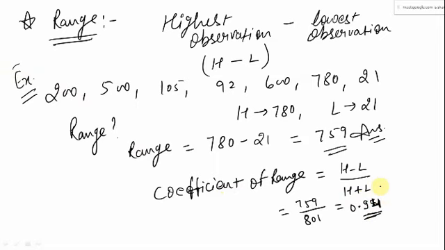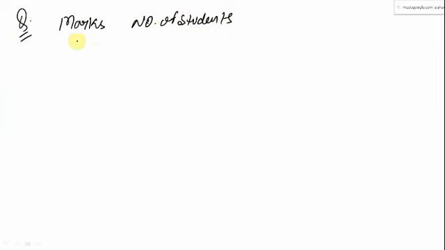So let us take one practice question. We have data of the marks and number of students. The marks are 10 to 20, 20 to 30, 30 to 40, 40 to 50, and 50 to 60.